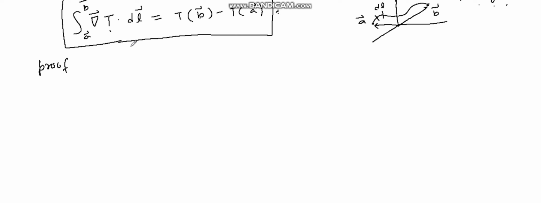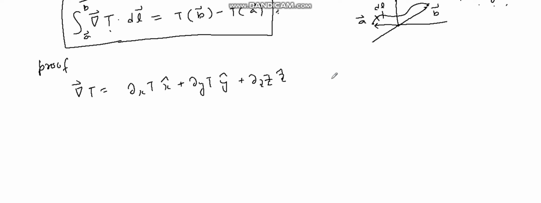Let me first of all write this. The gradient of t is going to be del x t x cap plus del y t y cap plus del z t z cap, and obviously this is expanded in the Cartesian coordinate system.